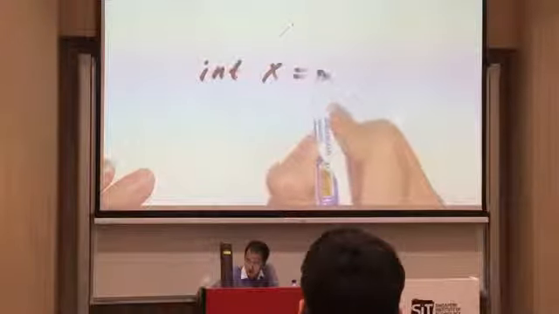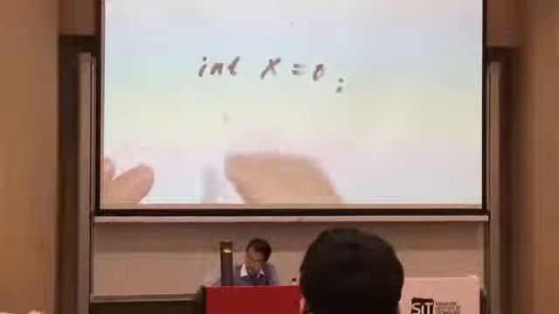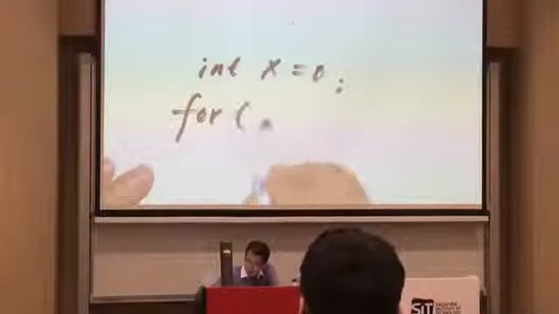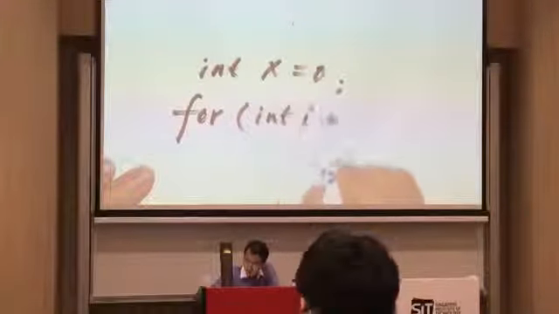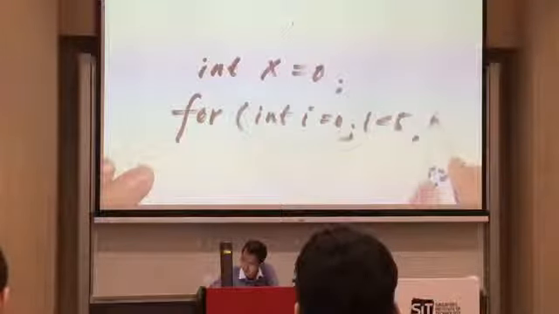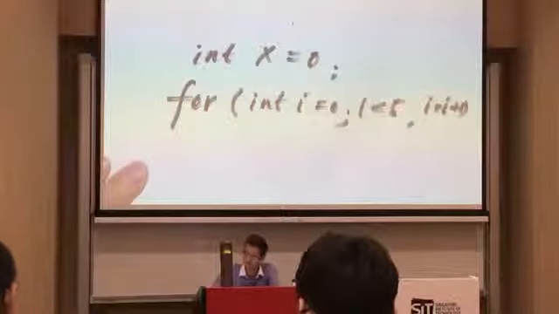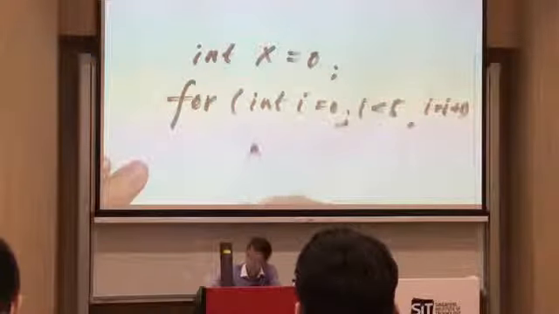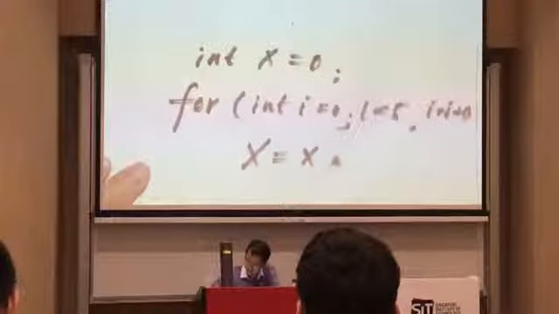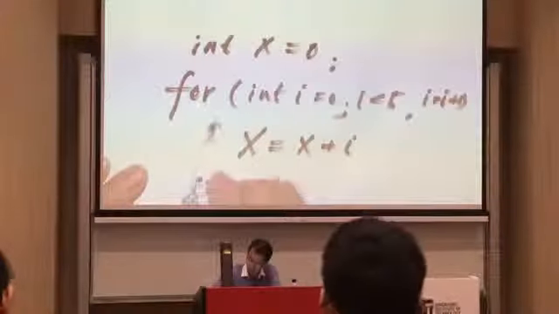Integer x equals 0. So you have a for loop, which is I equals 0, I less than 5, I equals I plus 1. Inside your for loop, you have x equals x plus I. Okay, this is your for loop.